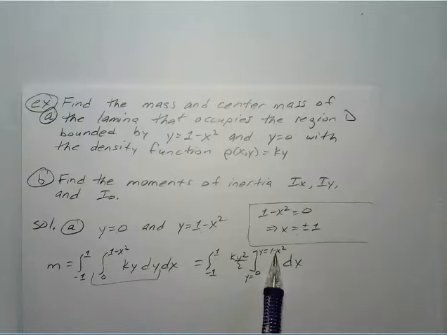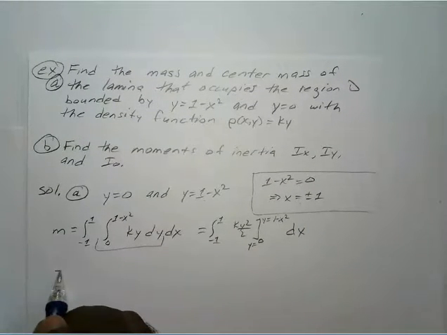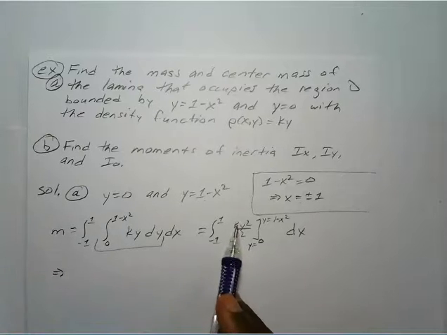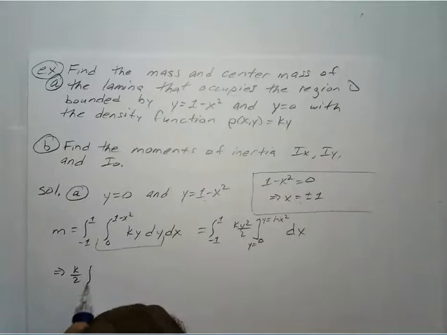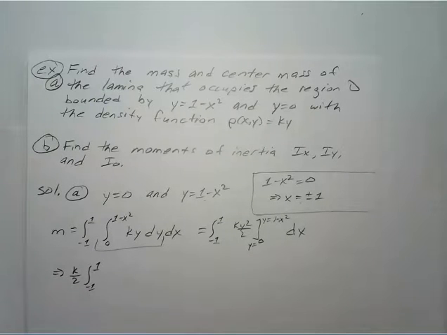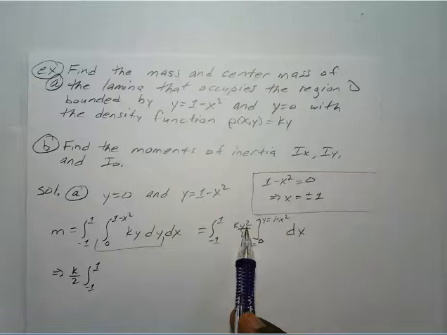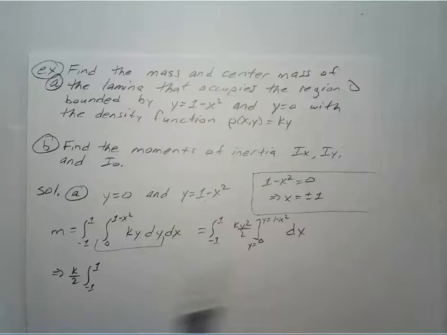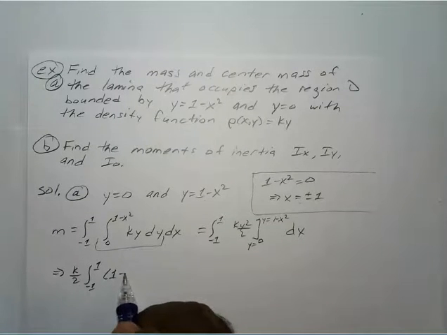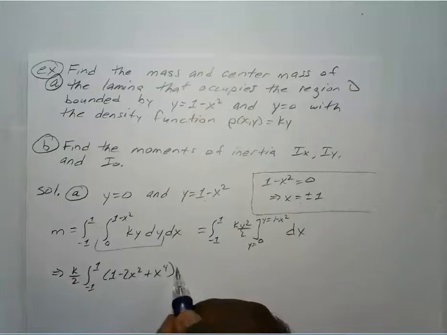Of course, we plug in our 1 minus x squared. We'll just factor out the k over 2, just to make it a little easier. So from negative 1 to 1, that leaves us with 1 minus x squared, squared. Once we replace y, that gives us 1 minus 2x squared plus x to the fourth dx.